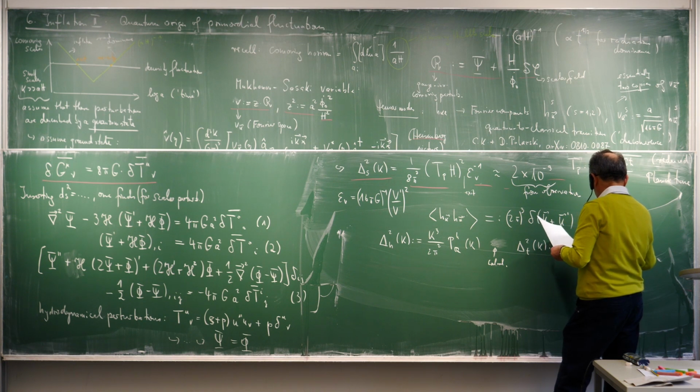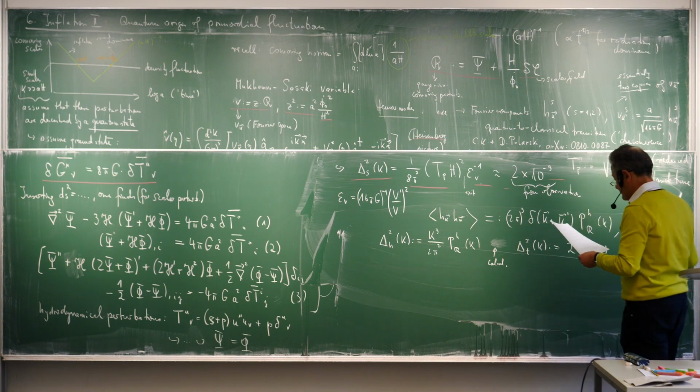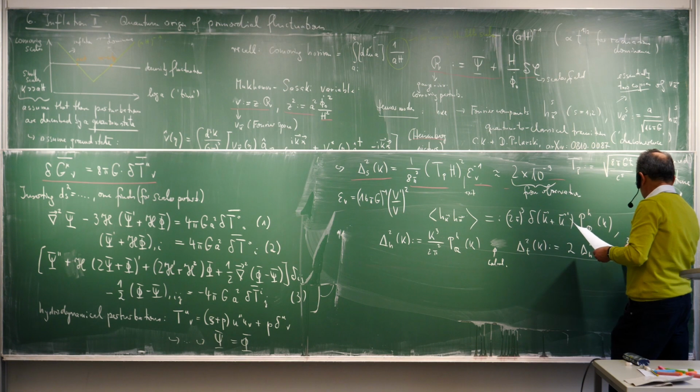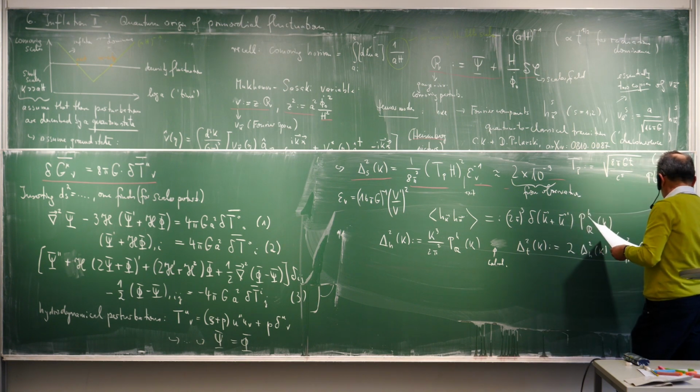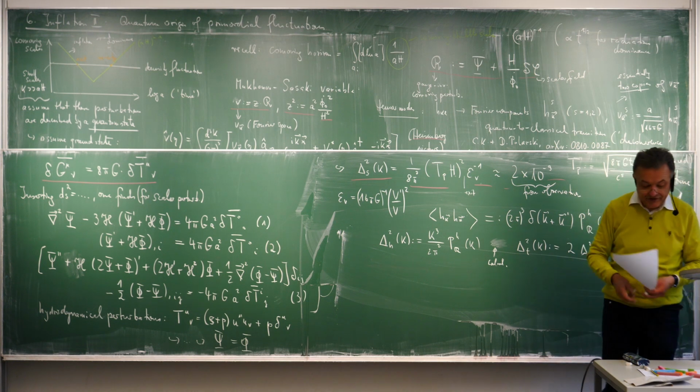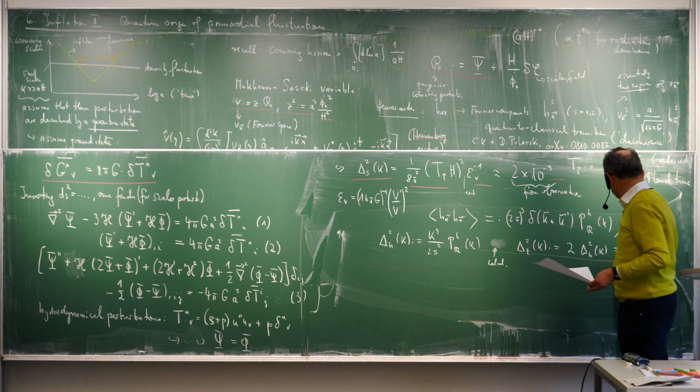That's what people usually give, and this turns out to be 2 over pi squared times Tp h squared. And so you again have this combination here.